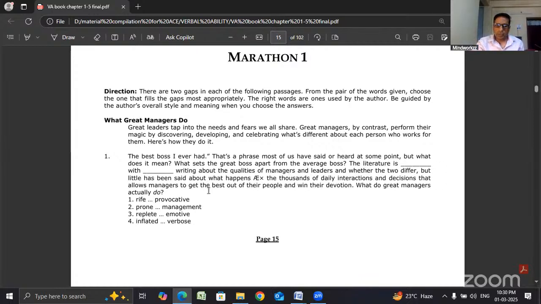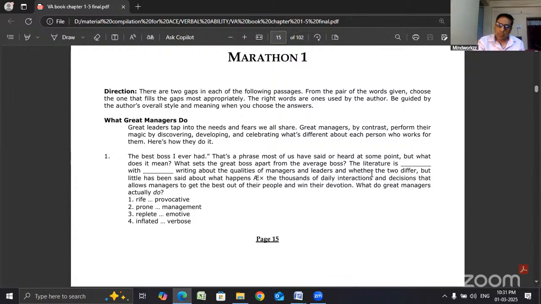The literature is replete with writing about the qualities of managers and leaders. So first tell me, the literature means articles, writings. Is he talking about lesser scarcity of something or a lot of something?